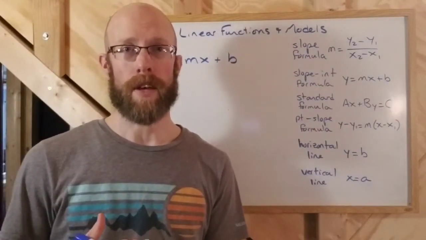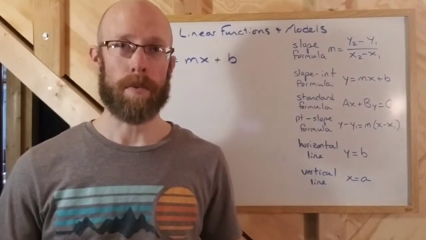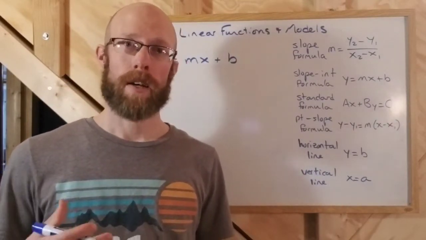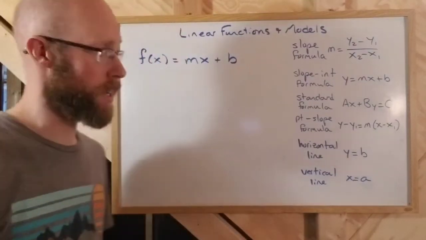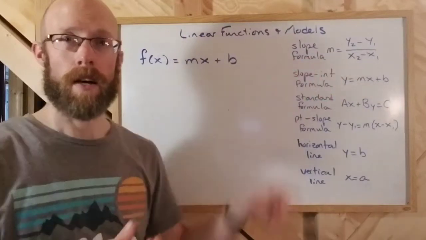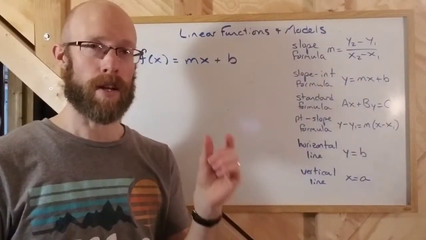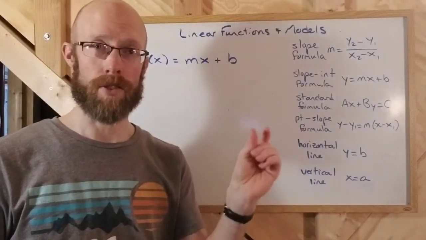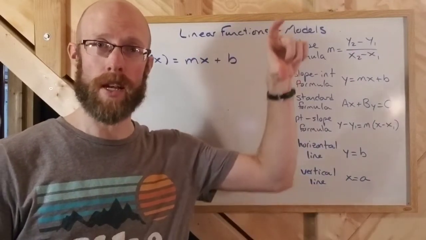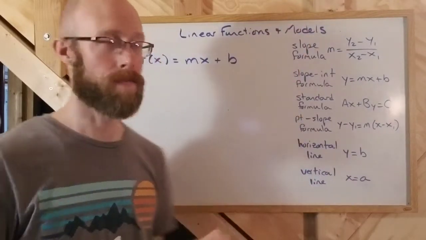All right, and so there are some very important features of lines. If you were to have a set of data or a table that gives you inputs and outputs for a line, there are some characteristics that you'll find. Because the slope is consistent, that is that for a consistent horizontal change or change in the x values, you'll have the exact same change in the y values for a line, okay?